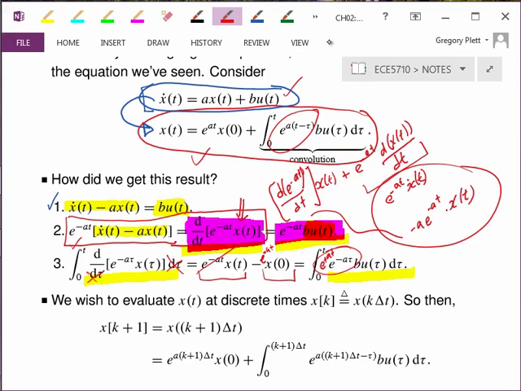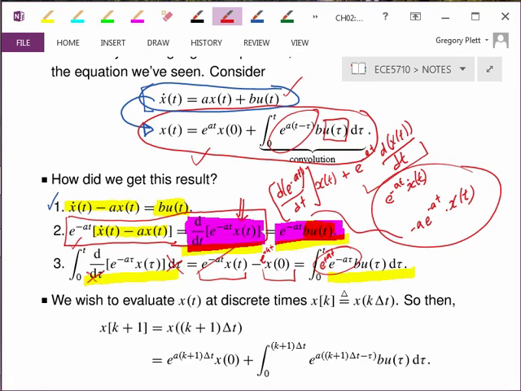And it's expressed in a way that's very convenient for us, because what we're interested in now is what happens if I apply a u of t over a time interval, and how does x of t change from one time interval to another. So I'm looking at discrete time instants of this equation.